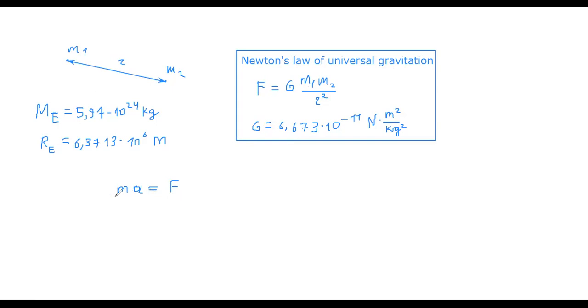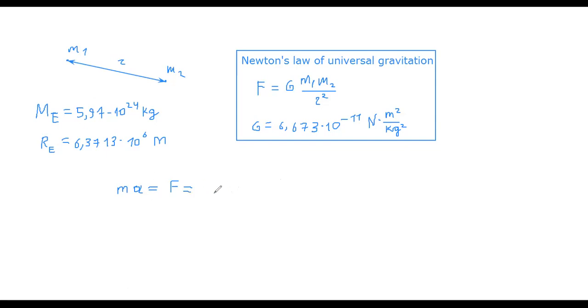Now we consider a body that falls freely. So only gravity force is impressed upon it. Only gravity force. So this body falls for free. So only gravity force acts on it.